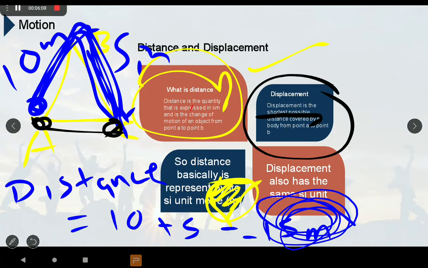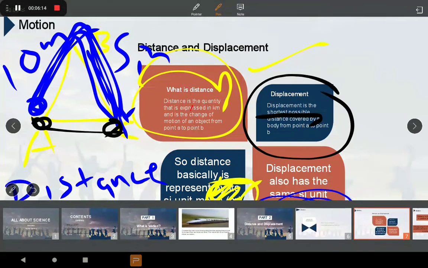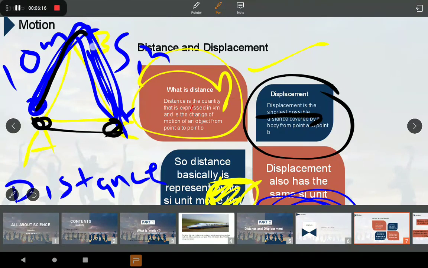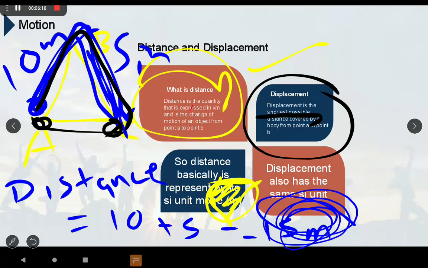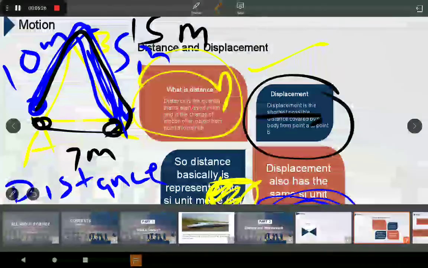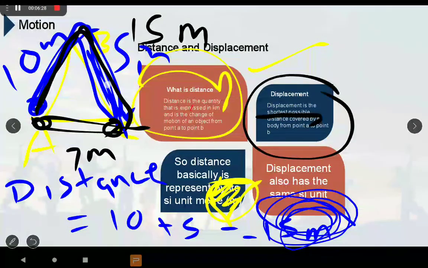You will not understand the definition, I know, but it means that. See, Raman, as usual, took his normal path of A to B to C, which is about 15 meter, and A to C is only 7 meter. He could have chosen this path, but he is familiar with the other path, so he went that way.